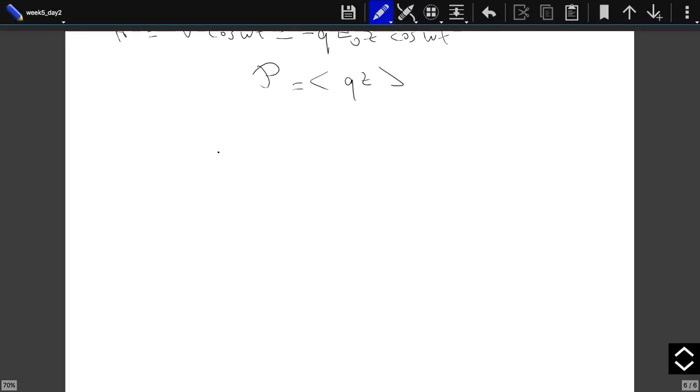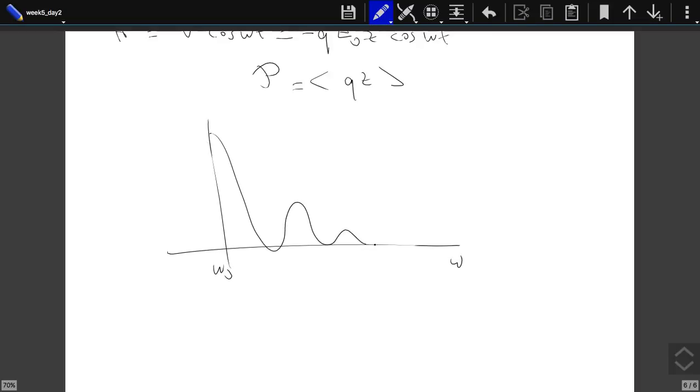Remember this graph, the absorption probability as a function of omega has this shape at any given t, and this width is proportional to 1 over t.